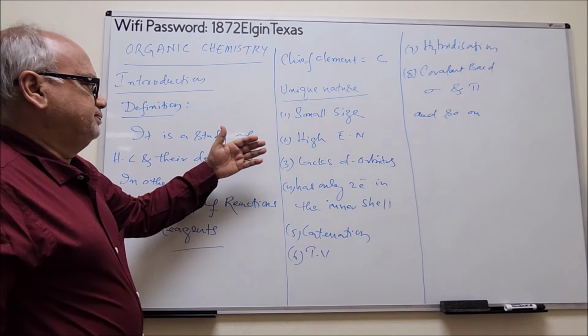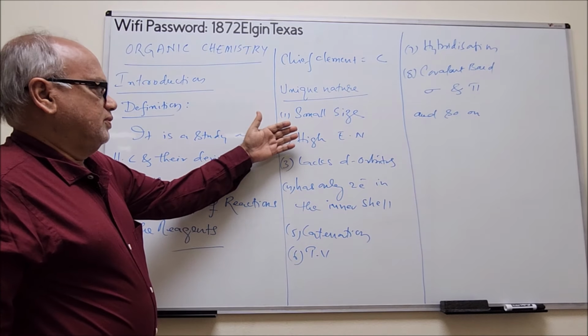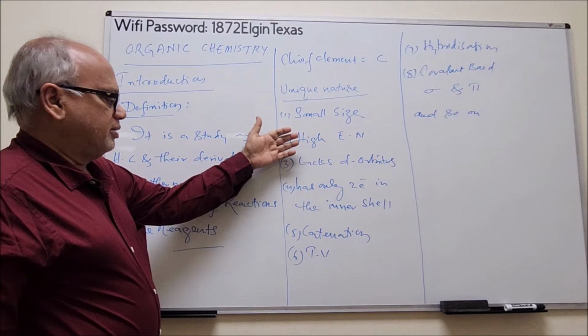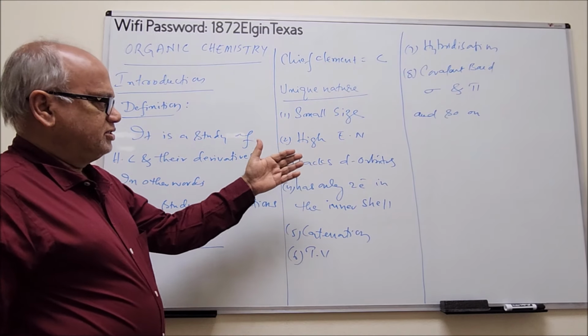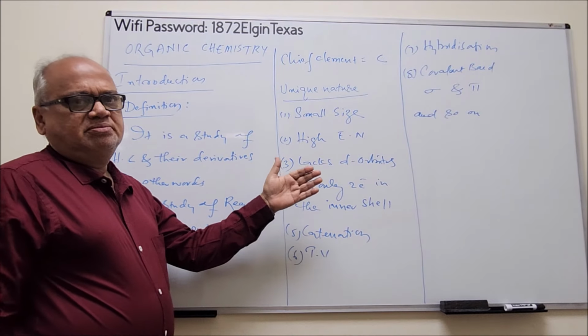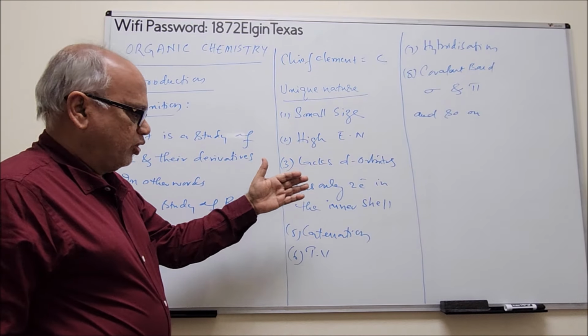So these are the anomalous properties of carbon by means of which it is able to form large number of compounds.